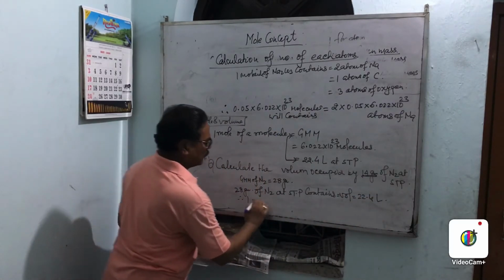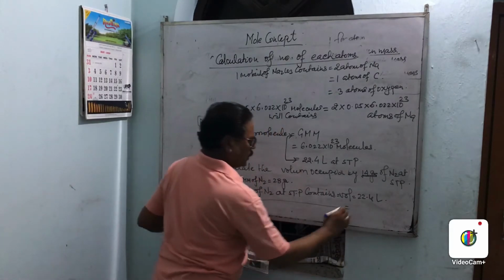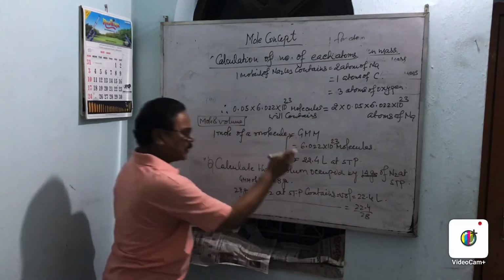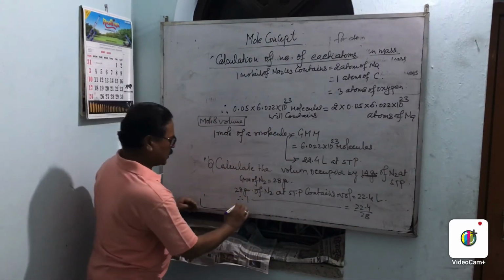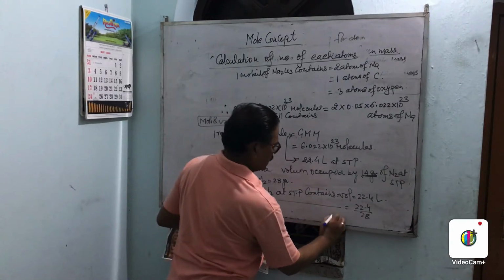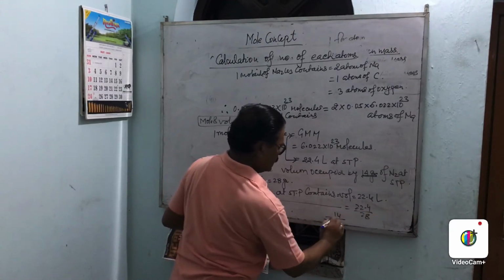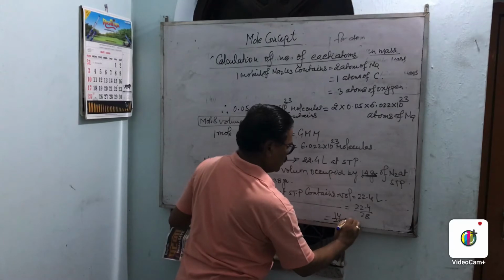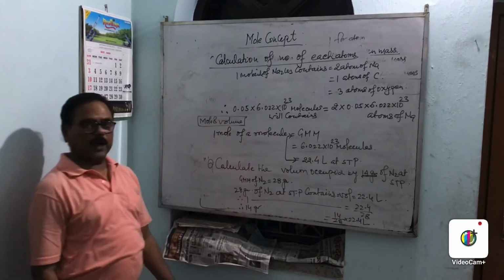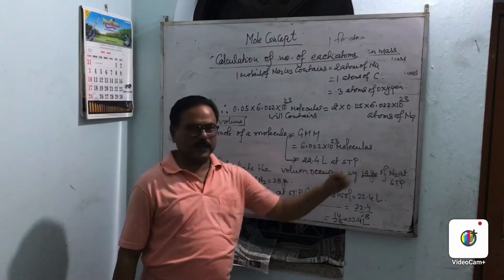Therefore 1 gram, since gram to volume, is 22.4 divided by 28. How much gram is given here? That is 14 gram. So the volume is 14 into 22.4 divided by 28 liter. This is the volume occupied by 14 gram of nitrogen.